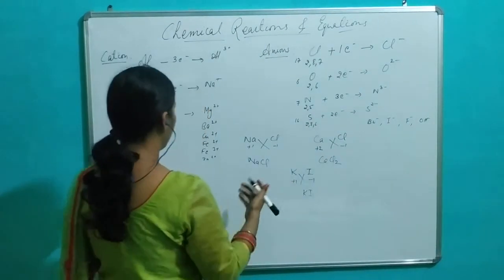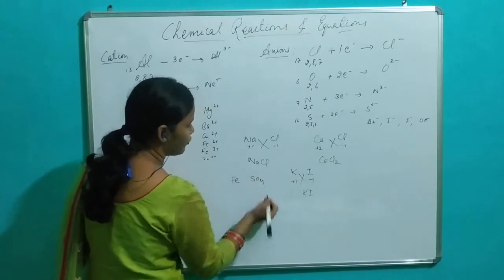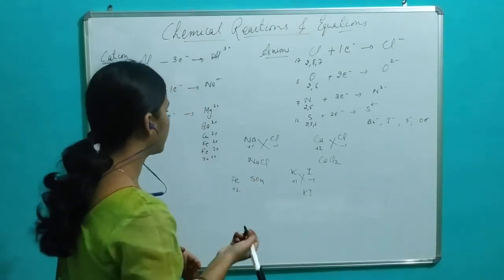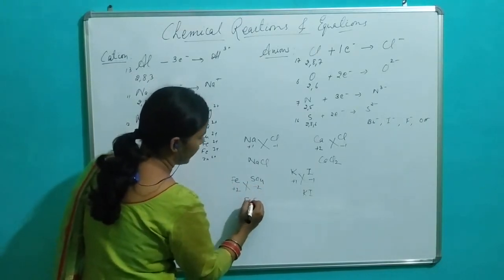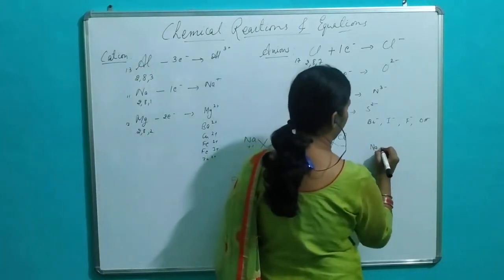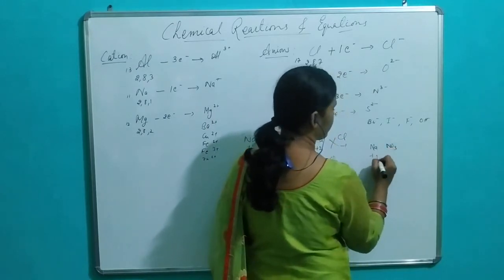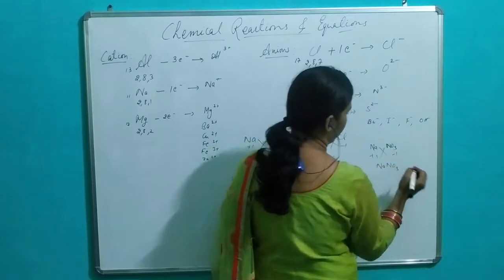For example, FeSO4, iron is Fe, sulfate is SO4. Iron can have +2 and +3 oxidation states. If it's +2, and sulfate is -2, we get FeSO4. Sodium nitrate, NaNO3. This is +1, this is -1, crisscross, NaNO3.